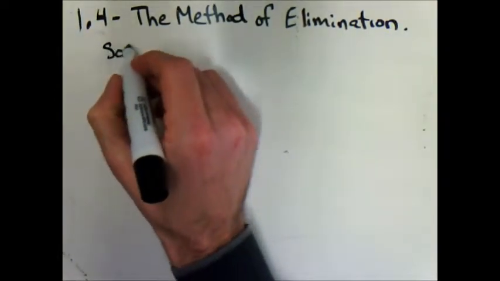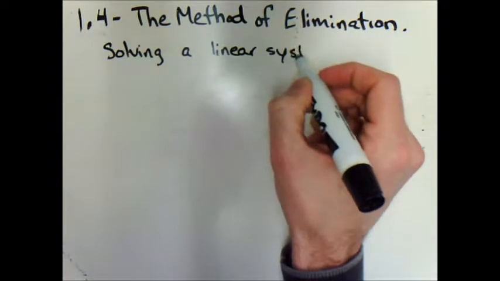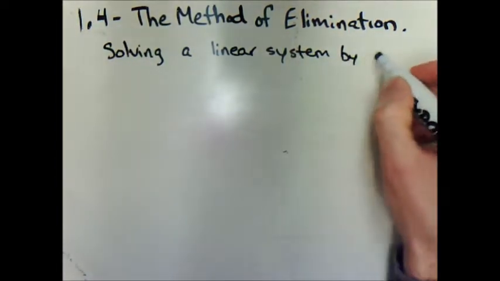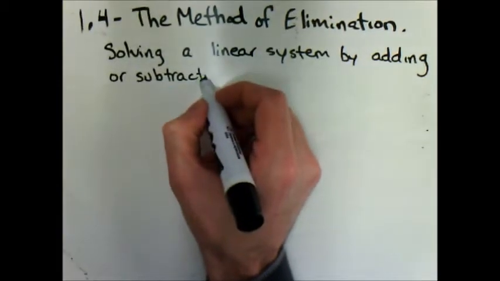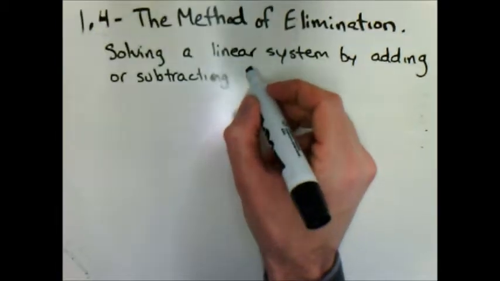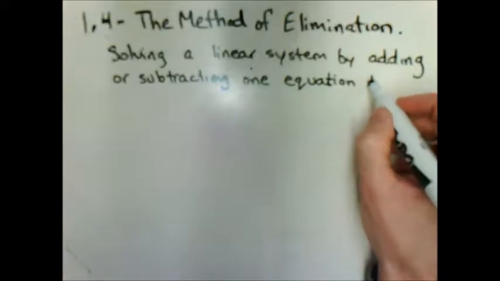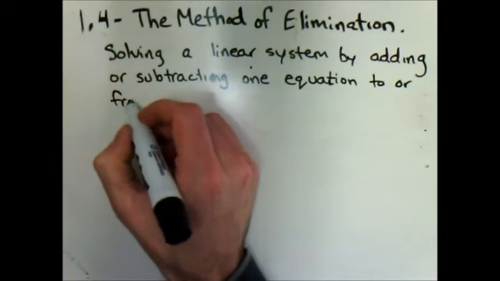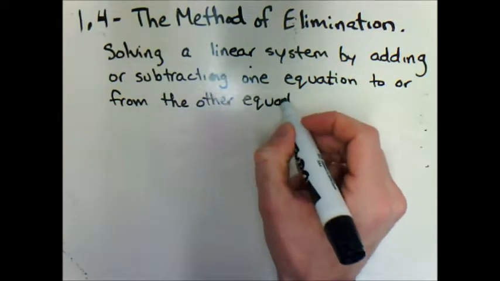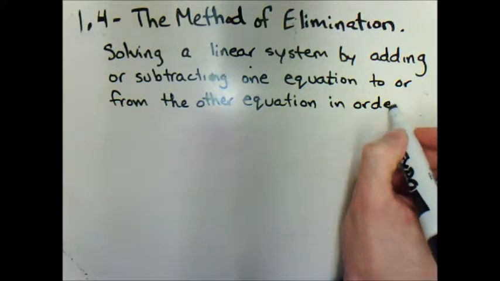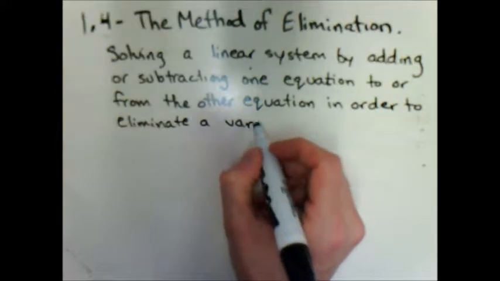The method of elimination is solving a linear system by adding or subtracting one equation to or from the other equation in order to eliminate a variable.